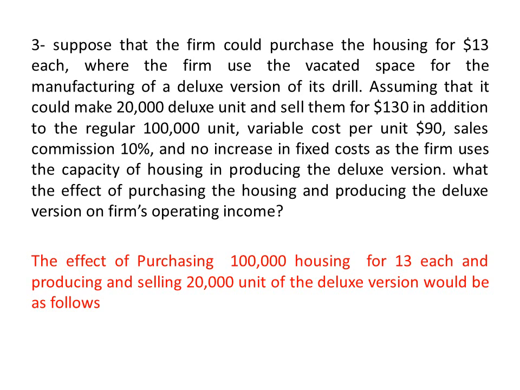It would produce 20,000 deluxe units and sell them for 130 each. The variable cost would be 90 per unit, and the sales commission 10% of the total sales revenue.